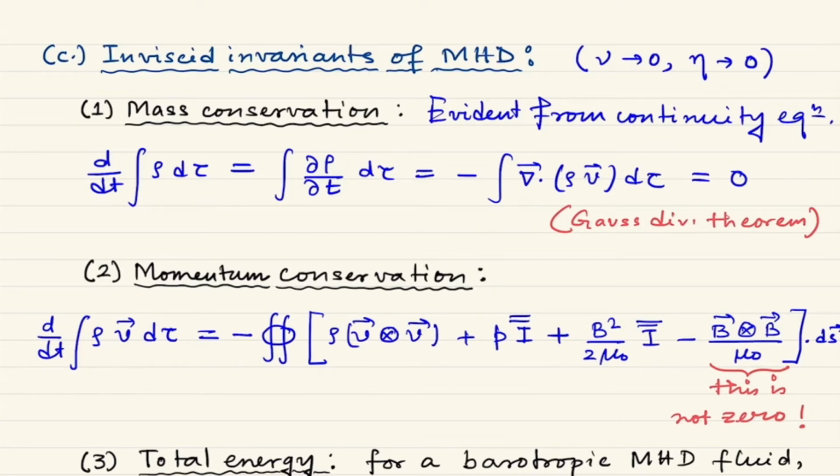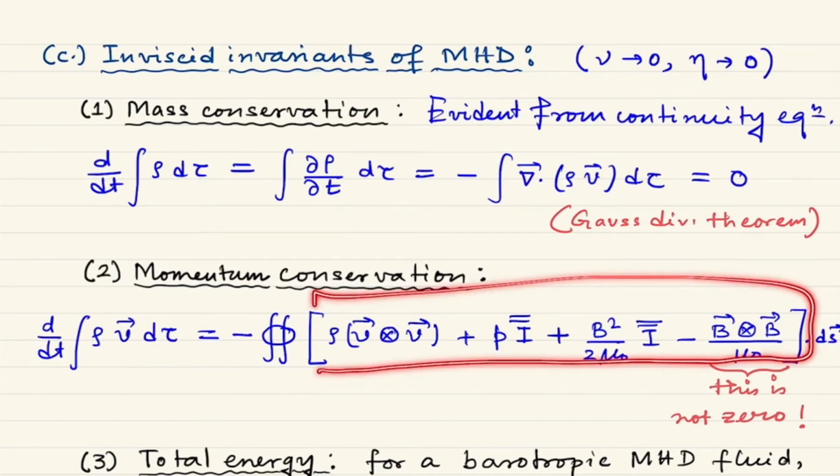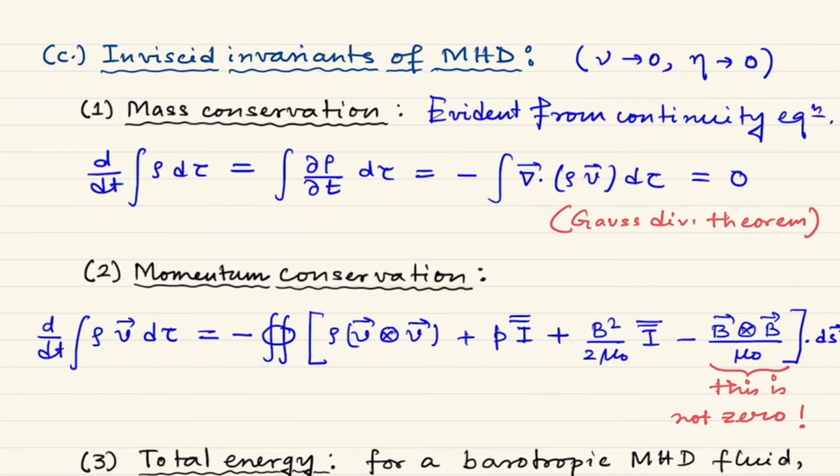So we write d/dt of the integration of rho v d tau, and if you do the calculation using the Navier-Stokes equation including the Lorentz force, you will see that it gives a divergence of this quantity, which by using Gauss's divergence law you can write as minus the closed surface integral of rho v tensor v plus p times the identity tensor, plus B squared by 2 mu 0 times the identity tensor, minus B tensor B by mu 0, dot ds.